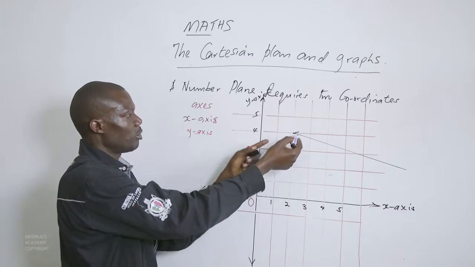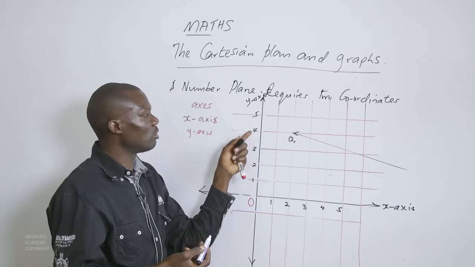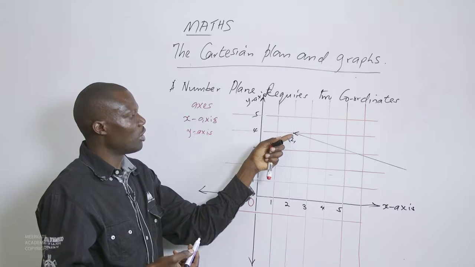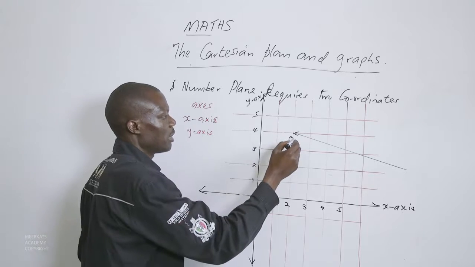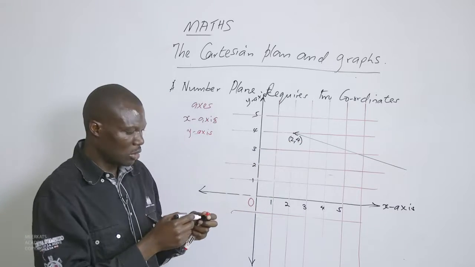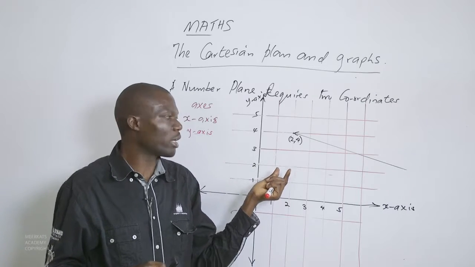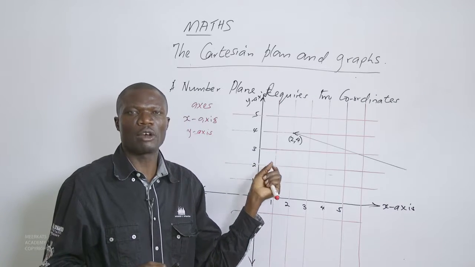Then at this point, move horizontally to reach the y-axis. You'll find that the value of this point at y is 4. So a coordinate is written inside brackets as a number, comma, the other one.